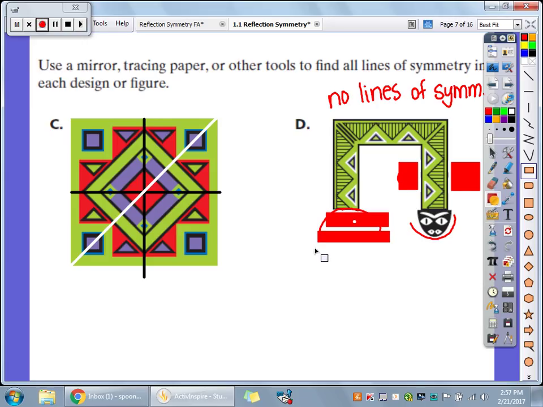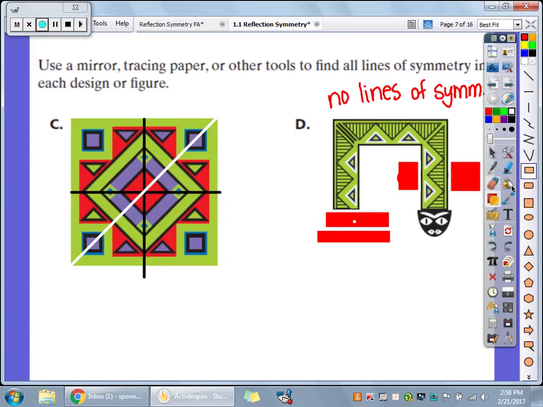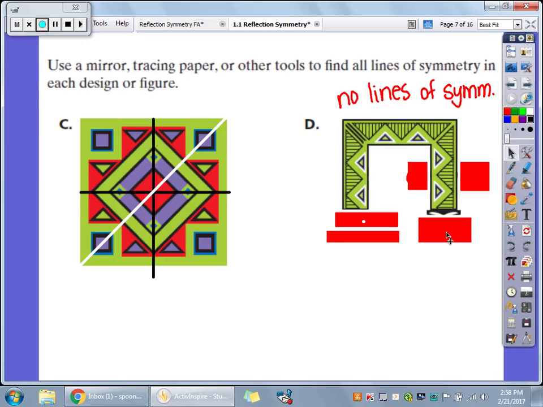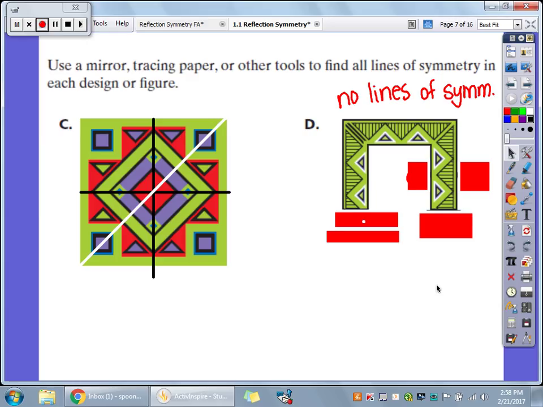Okay. We still wouldn't have a symmetric figure. And the reason why is because, oops, missed the head. See if you can spot it. The reason that this would still not be symmetric.